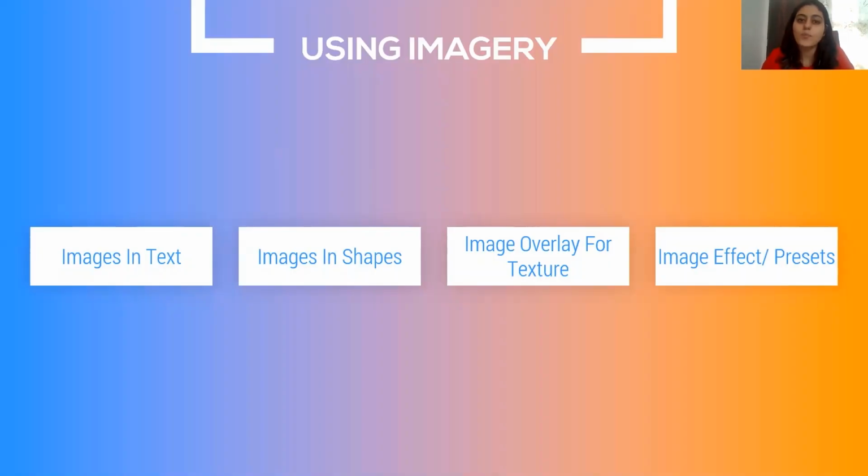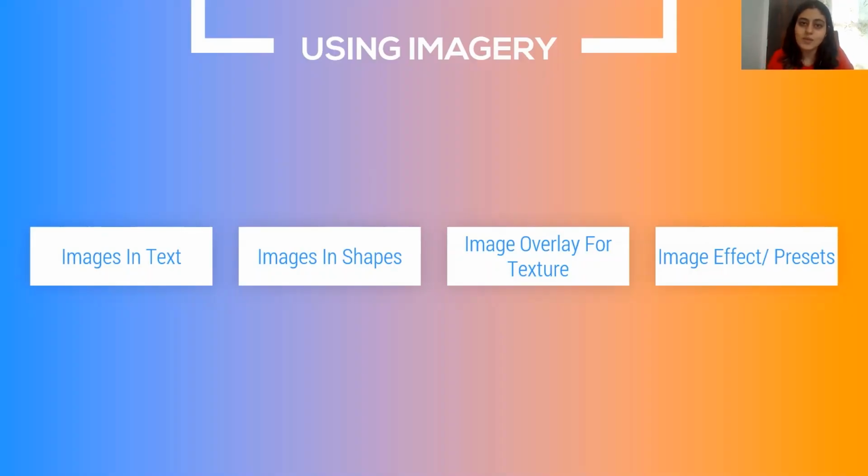You can also place an image inside a shape, so you can give an image a particular shape that you like. Also, how can you innovatively use images as a texture? So how you overlay 2 images to use one of them as a texture for your presentation, and also how to use image effects and the presets that you have.